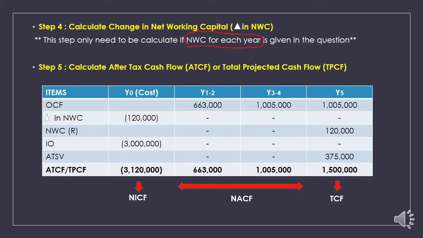Since there is no information regarding yearly net working capital given in the question, you are not going to calculate the change in net working capital under step 4. So we will ignore step number 4. Okay, and then continue with step number 5.